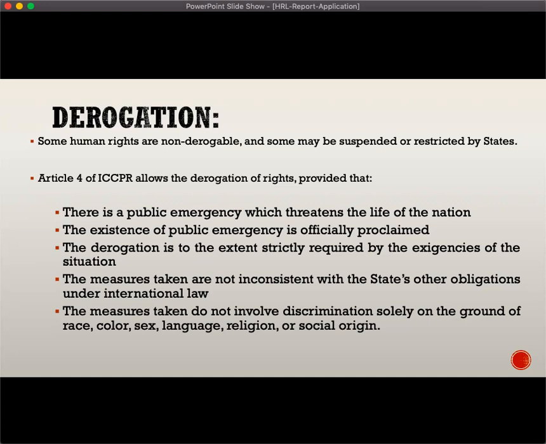The derogation is to the extent strictly required by the exigencies of the situation, the measures taken are not inconsistent with the state's other obligations under international law, and the measures taken do not involve discrimination solely on the ground of race, color, sex, language, religion, or social origin.